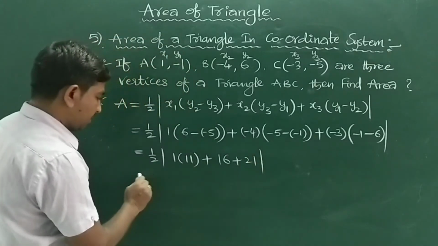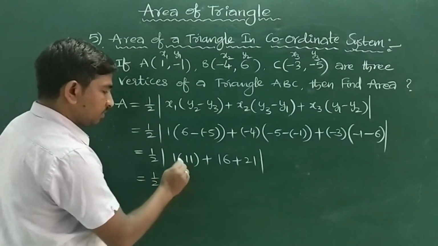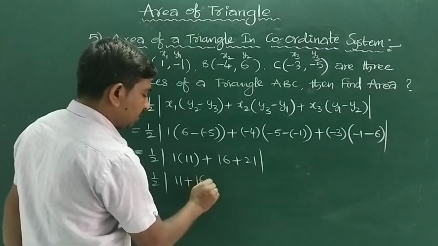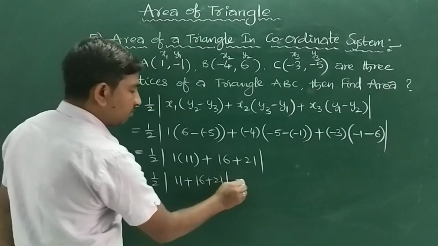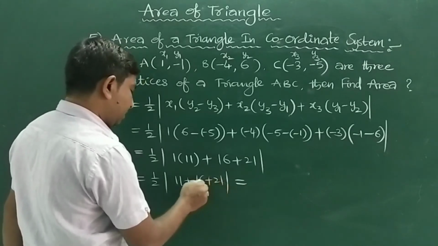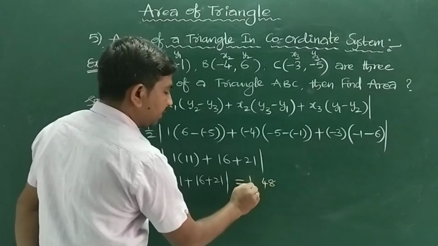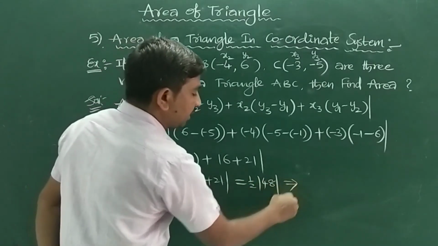7 threes are 21. So here of mod, 1 into 11 is 11, plus 16, plus 21. 16 plus 21. So finally what answer will you get? 48, of mod 48. So here remove the mod. Why?